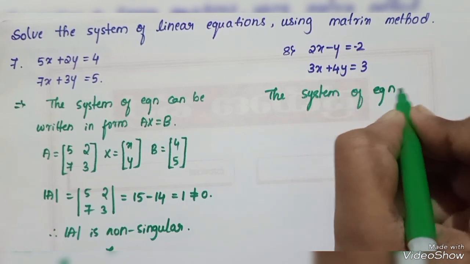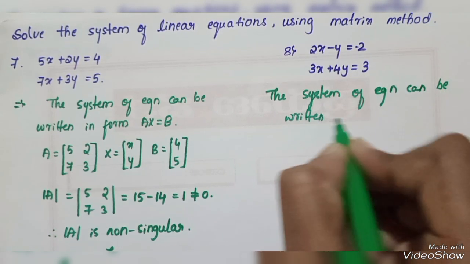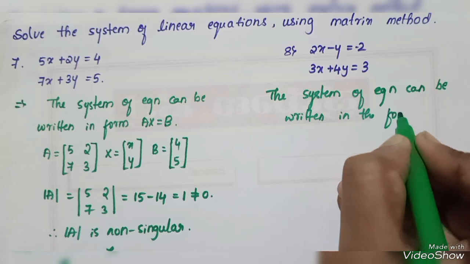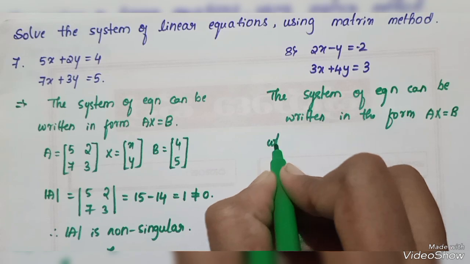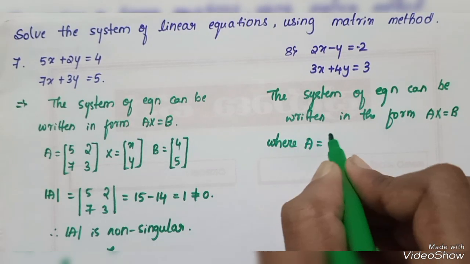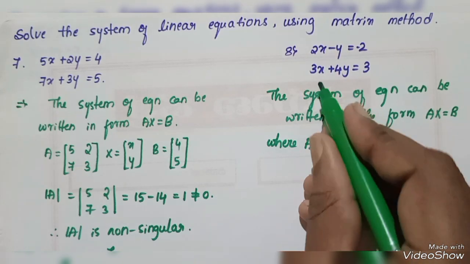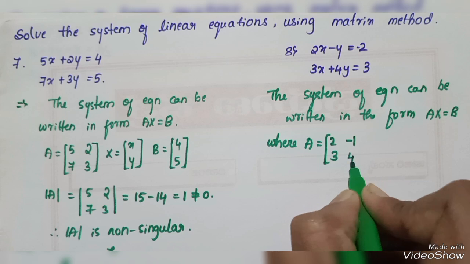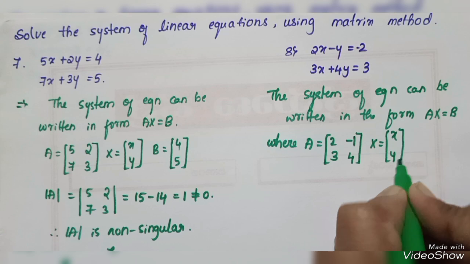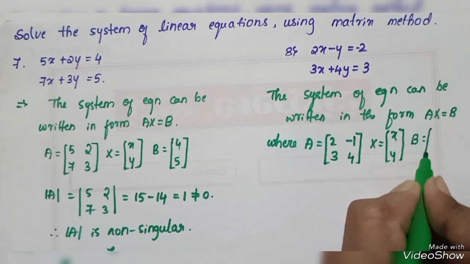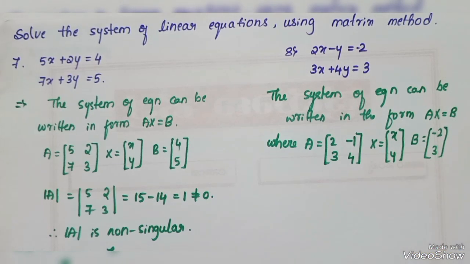The system of equations can be written in the form AX is equal to B, where the A matrix contains the elements 2, -1, 3, 4, and the X matrix contains the variables x, y, and the B matrix contains the values -2, 3. Here we have the A, X and B matrices.